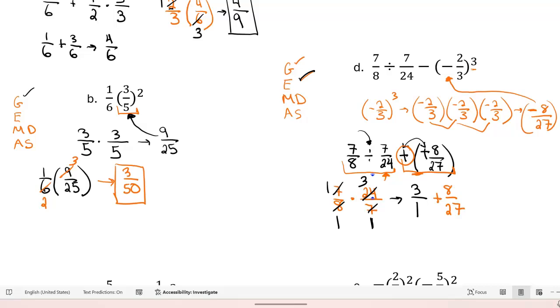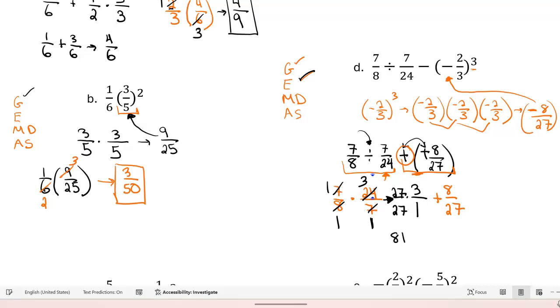So this one's kind of nice. I mean, yeah, the denominator's kind of big, right? It's 27. I'm just shortening that a little so I have more space. So 1 times 27 gets me 27. Whatever I do to the bottom, I have to do to the top. Okay, so now I have 27 times 3, which is 81.